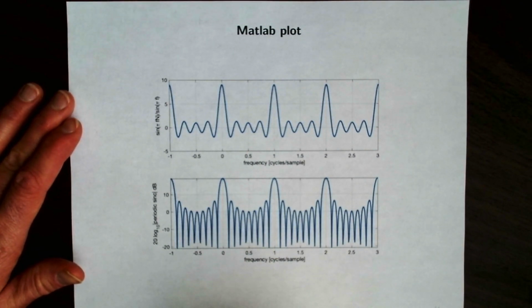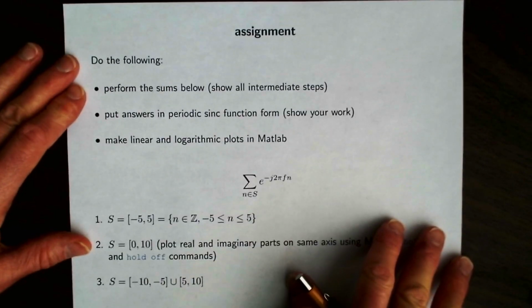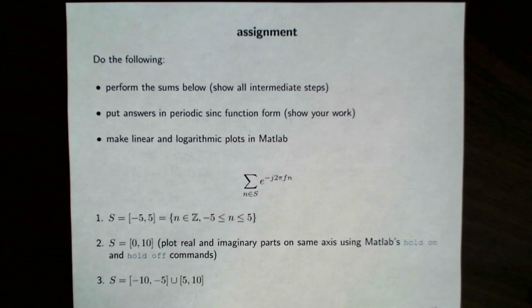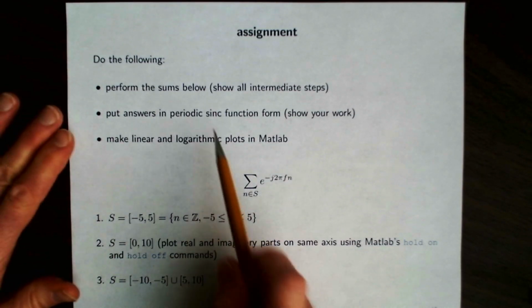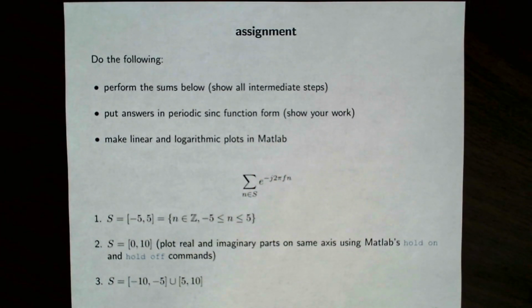All right, last but not least, I have here a few homework problems for you to work on. I'd like you to do 3 different sums. Notice, as I say here, show your work, show the intermediate steps, follow the examples that I've shown. What I do not want you to do is just simply plug into the formula.